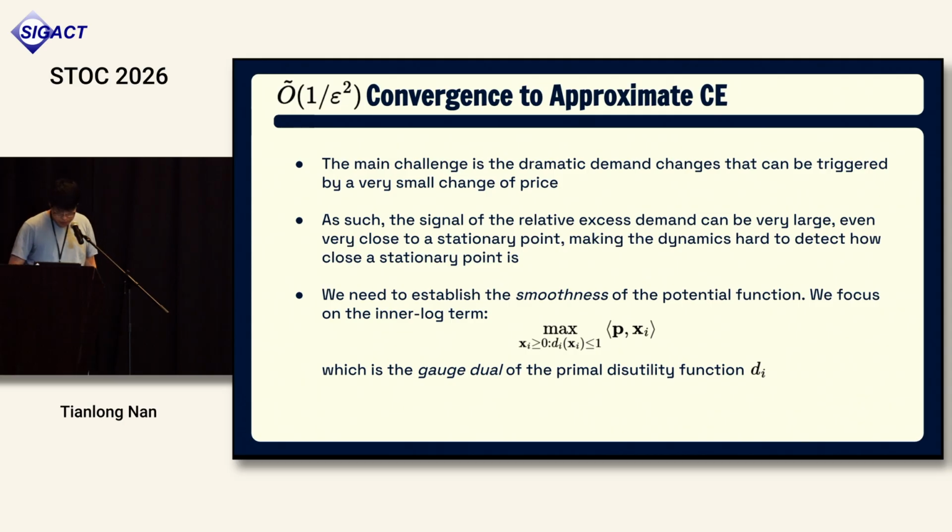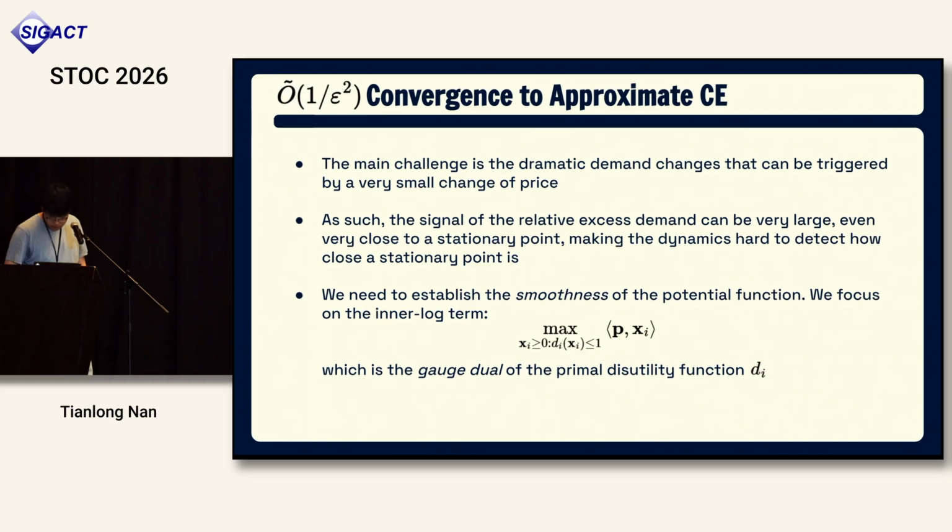The main challenge is that sometimes even when the price vector is very close to the stationary point, the excess demand signal can be very strong, so it's very hard to detect where the stationary point is.